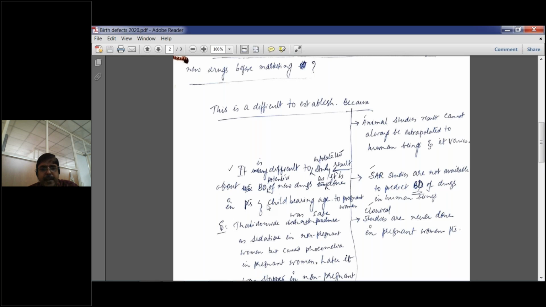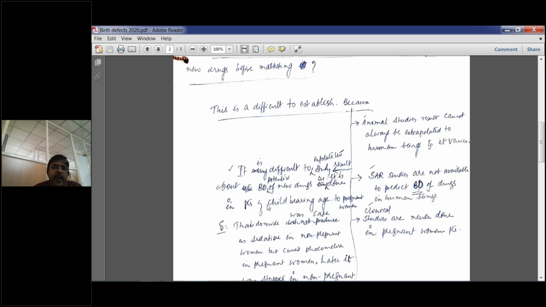Just because it did not produce any effect in female patients in the childbearing age, say 18 years to 20 or 25 years, up to 35 years approximately, it doesn't mean that it does not produce any effect in the pregnant woman. So it is totally difficult to establish a link.